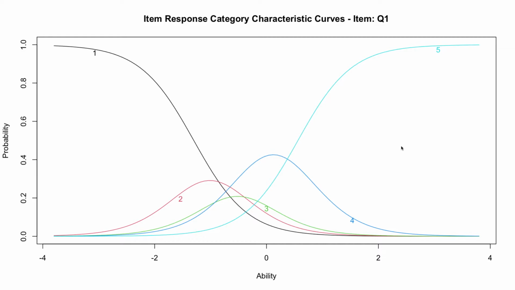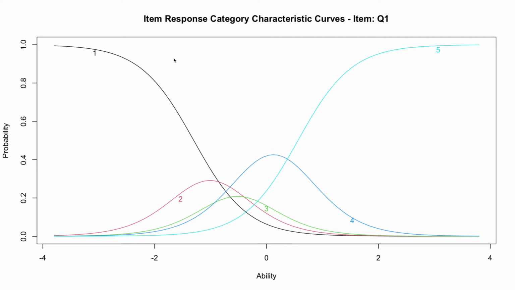Here, category 5 most resembles the ICC, the item characteristic curve S-curve, in the typical traditional dichotomous response data set, in that it's a monotone increasing function. Category 5 means strongly agree, and category 1 is a monotone decreasing function, and it represents strongly disagree.